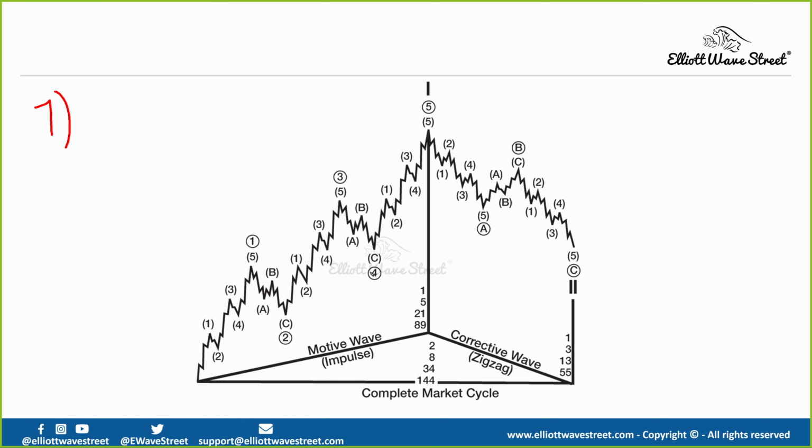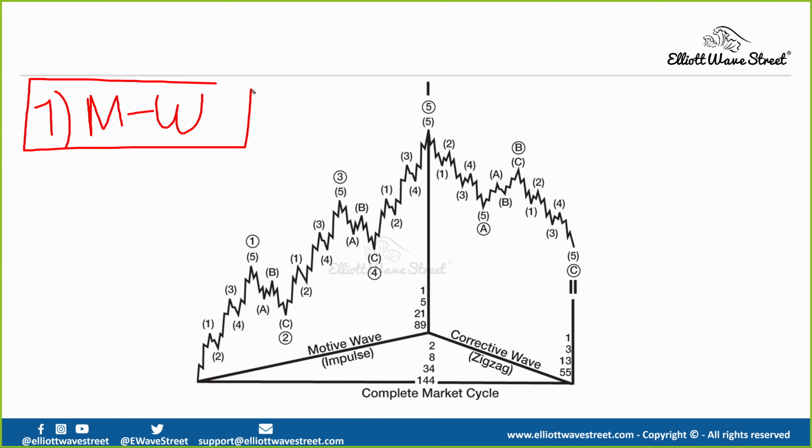When a financial instrument starts trading, let's say at the IPO, it can start anywhere in the cycle. It can start inside wave 4, or at the top of wave 1, whatever. So it is extremely important to find where we are. That's the first step. We can use a monthly or a weekly chart to start checking where we are.